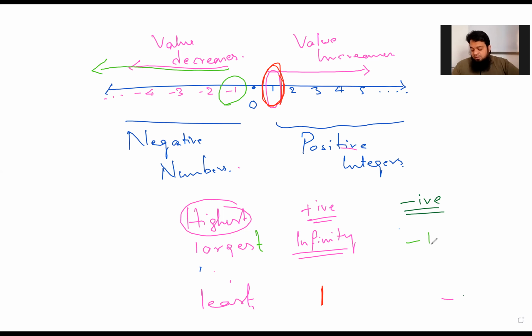And what is the least negative integer? You don't know, as you go on to negative infinity. So negative side of the infinity, that means negative infinity. Understood?